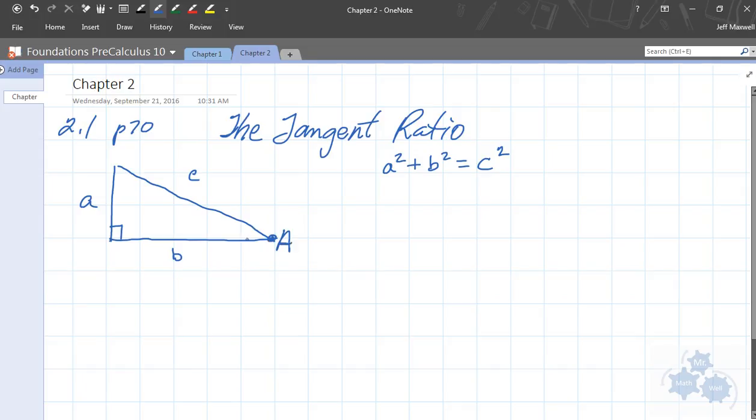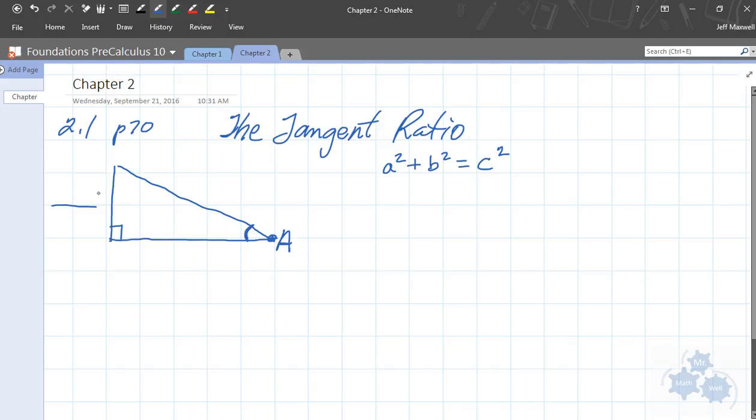Do you know that there are some other names for these sides, in relation to a specific angle? Does anyone remember what this side right here is called? If we're looking at A, this is the blank side, according to A. No?